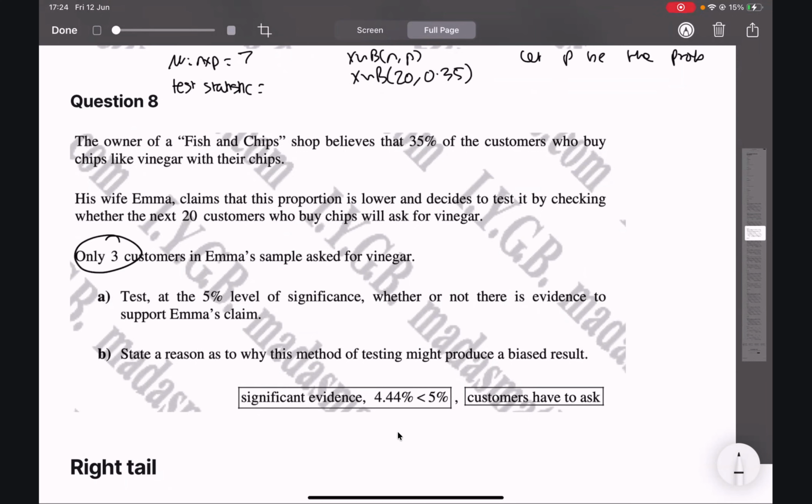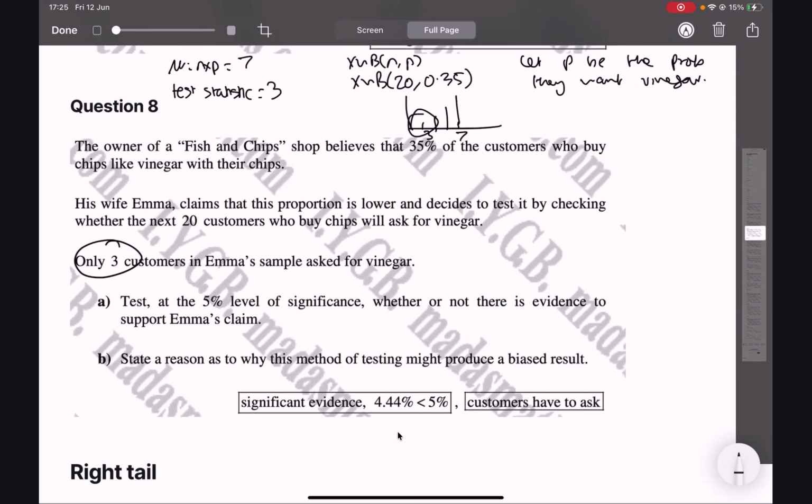Yep. And we have to say, let P be the probability that they want vinegar. Cool. And then what's your sketch? Like in the middle, we're going to put 7, and then that's your 3. And we're working on the left tail, right?